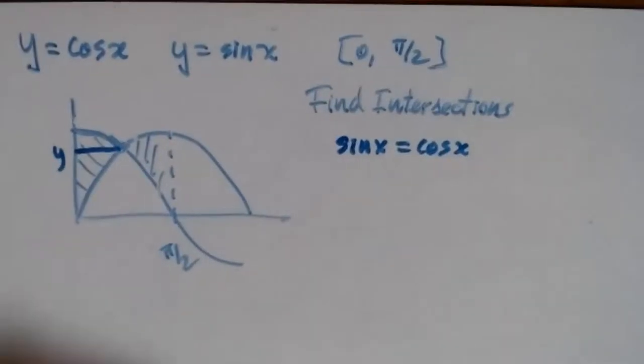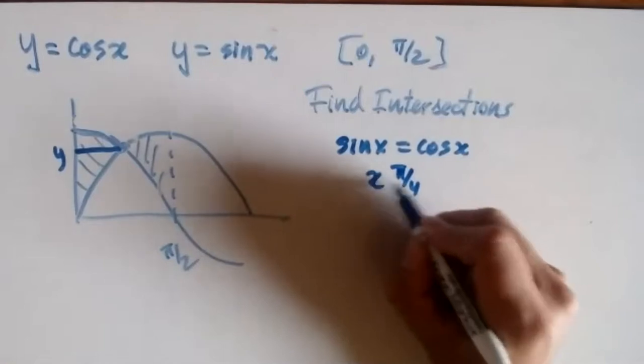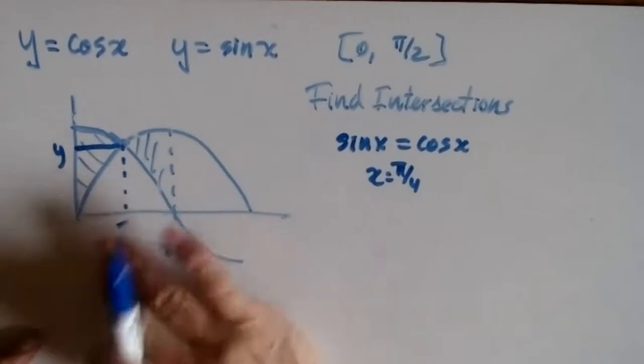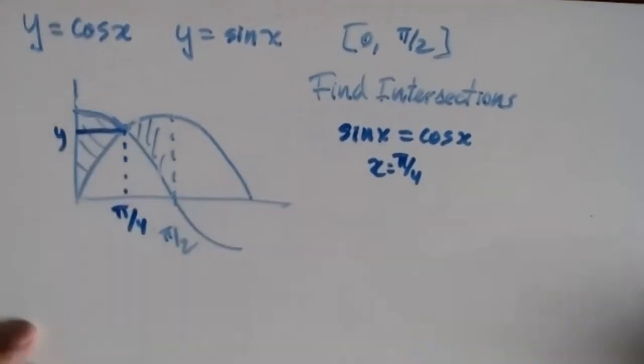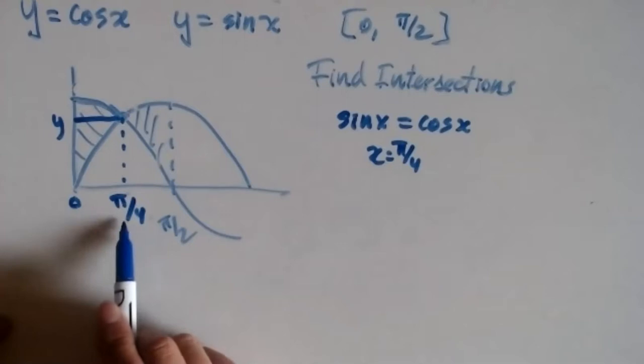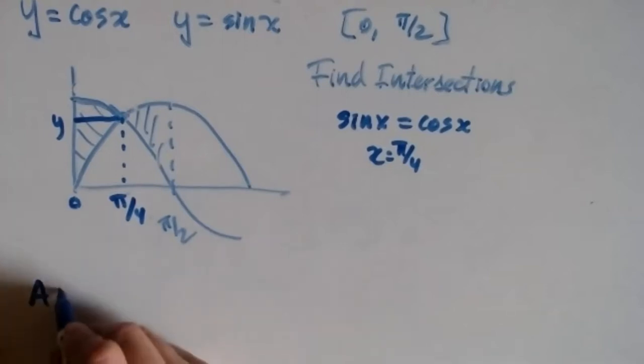In the interval 0 to pi over 2, where the sine is equal to the cosine, if you see your formula booklet, you are going to find that this is pi over 4, correct? So this is pi over 4.